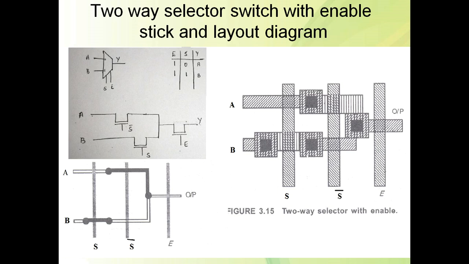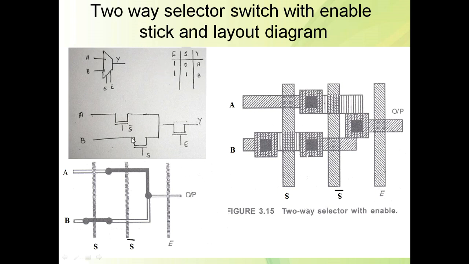If enable is equal to 1, then the chip is selected, and if enable is equal to 0, the chip is not selected. Whenever enable is equal to 1 and the select line is equal to 0, output is equal to A. When the select line is equal to 1, output is equal to B. That is shown in the truth table.